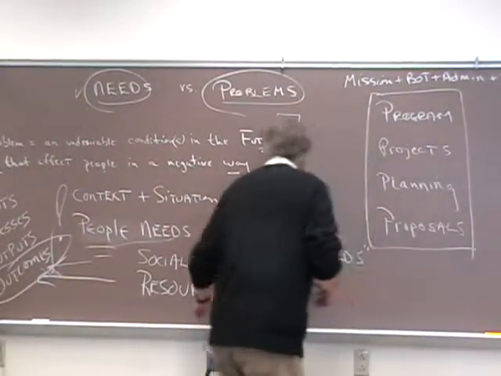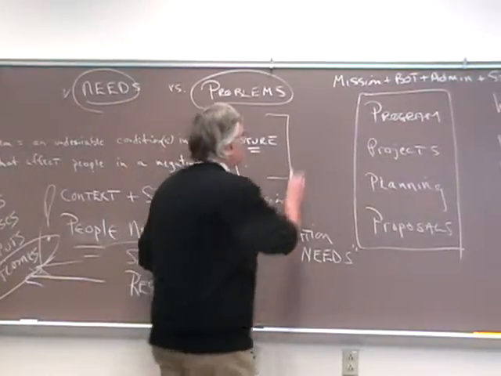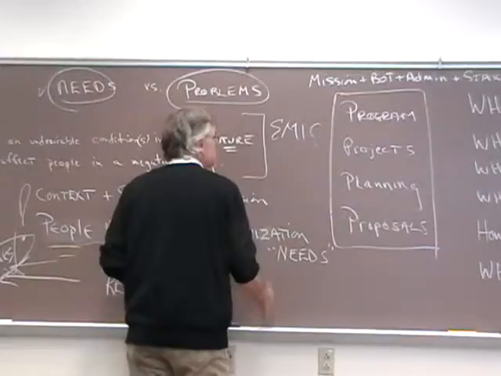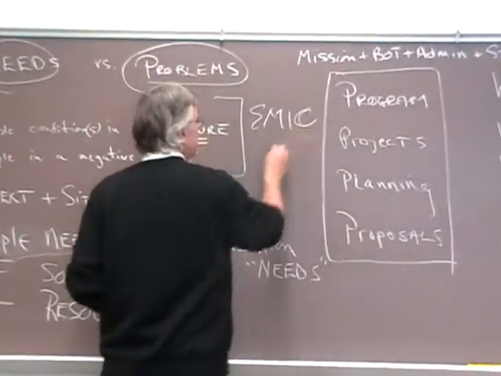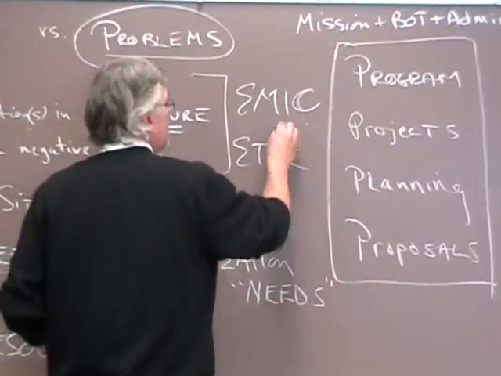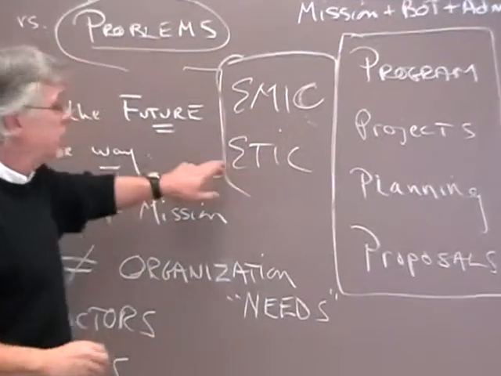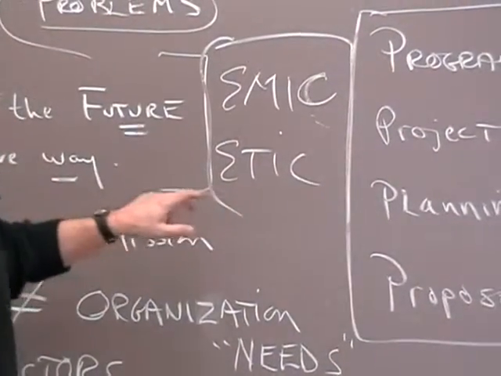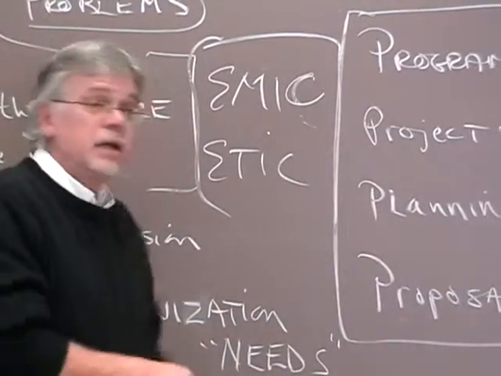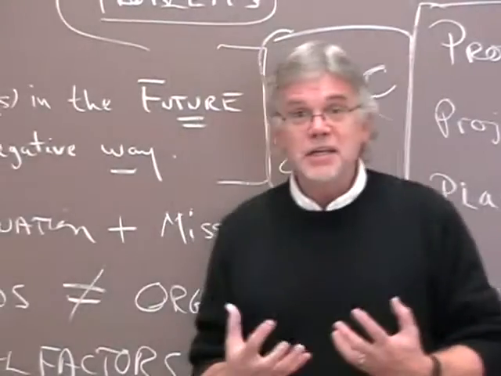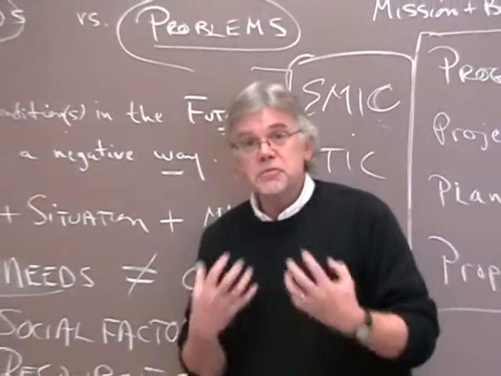There's a term called EMIC. Some of you may already know that. There's a term called EMIC and a term called ETIC. E-M-I-C, E-T-I-C. These terms mean an EMIC need is a felt need from the people themselves.